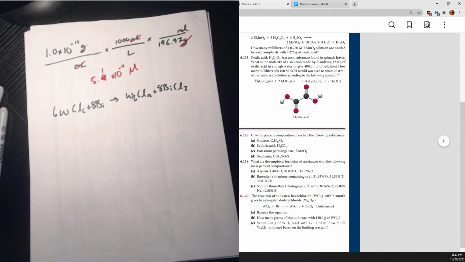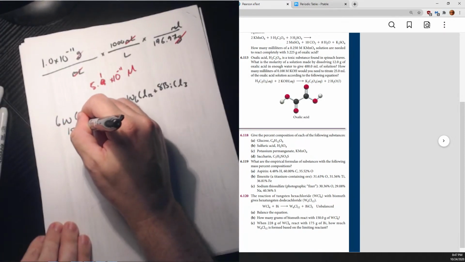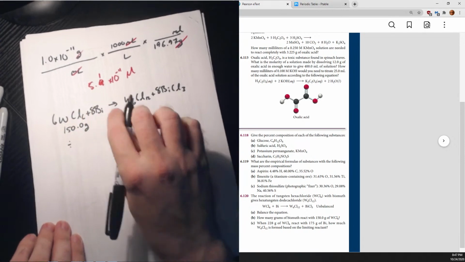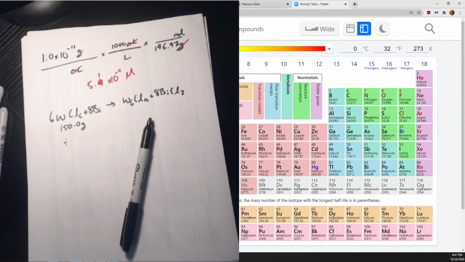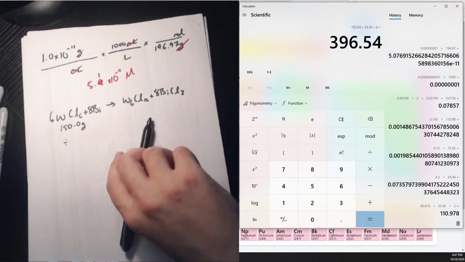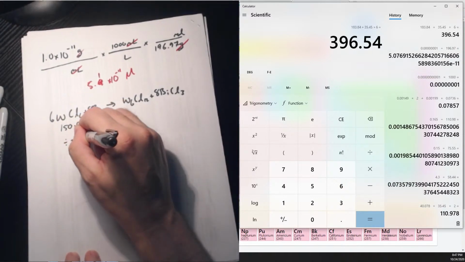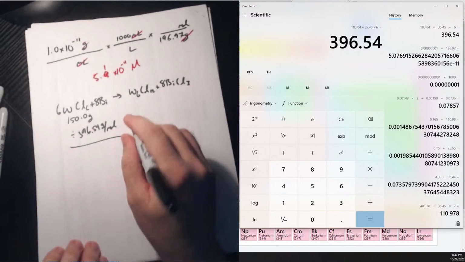All right. How many grams of bismuth react with 150 grams of tungsten hexachloride? So 150 grams divided by the molar mass of tungsten hexachloride. Tungsten is 183.84 plus 35.45 times 6. 396.54 grams per mole.